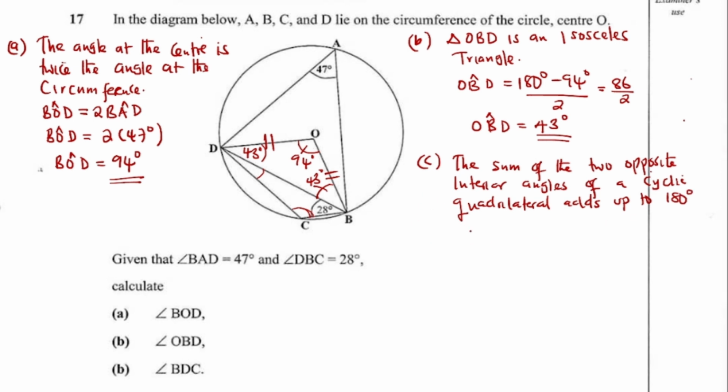So meaning the angle at A, which is BAD, plus the angle at C, which is BCD, should be equal to 180.